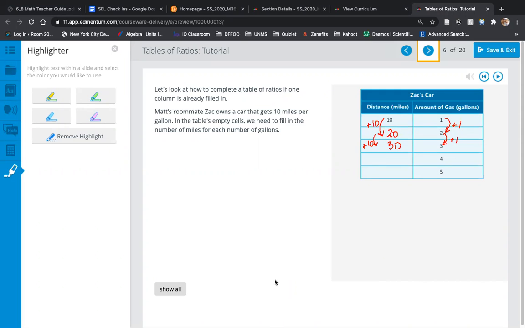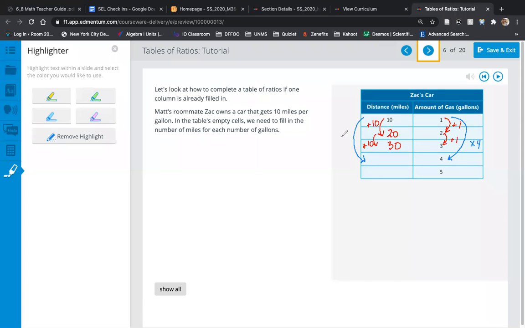But just to show you the other way to do it, because there are 2 ways that you can do it, you can also do it by multiplication. So I can say, okay, if I'm going from 1 gallon up to 4 gallons, I quadrupled the amount of gas. So I multiply the amount of gas by 4. That means I'm going to quadruple how far I can go.